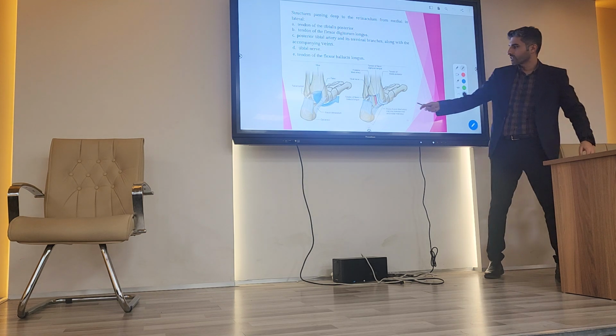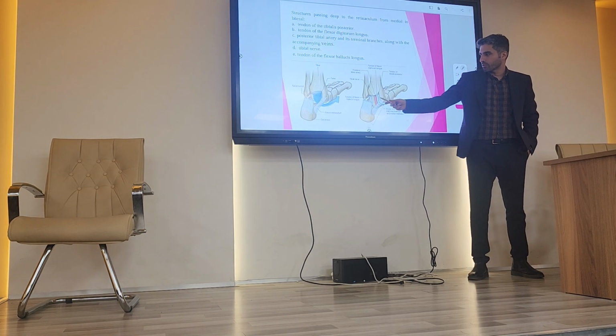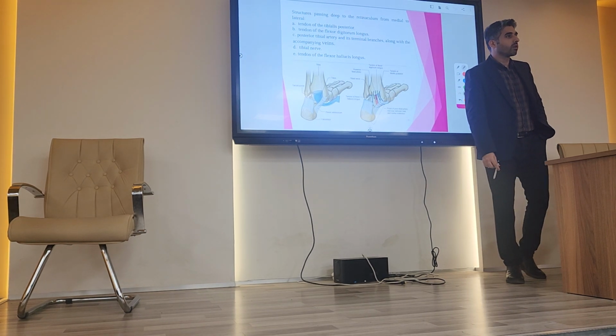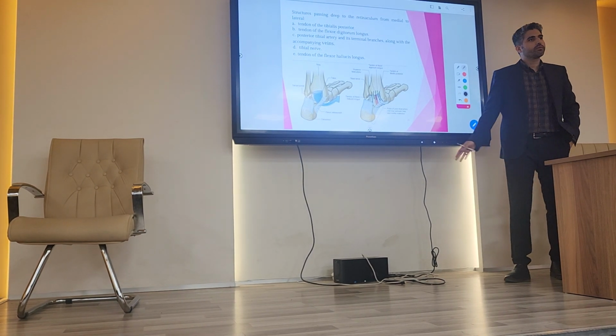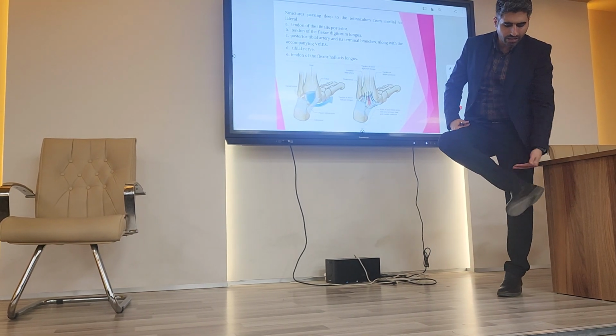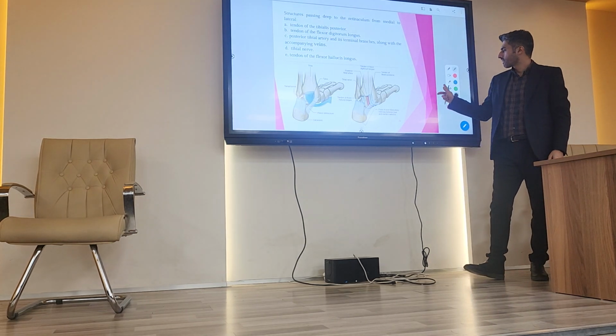You can see from medial to lateral: tibialis posterior, flexor digitorum longus, posterior tibial artery, tibial nerve, and flexor hallucis longus. All of these five structures come from the posterior compartment, and they go to the plantar surface.